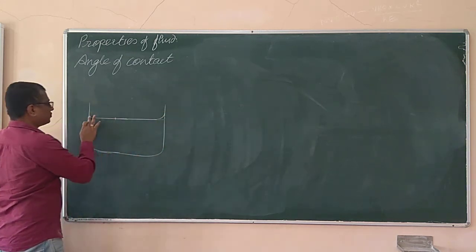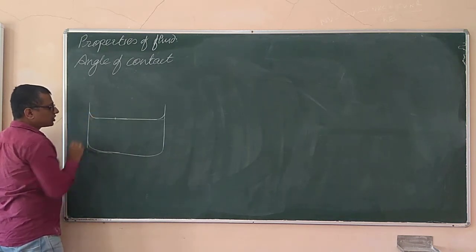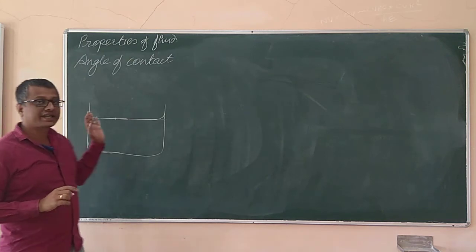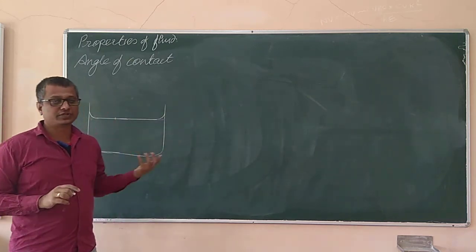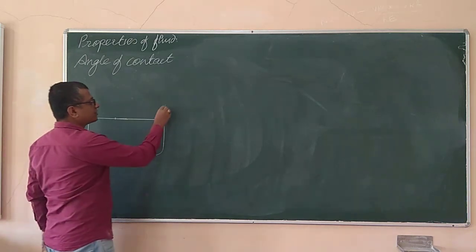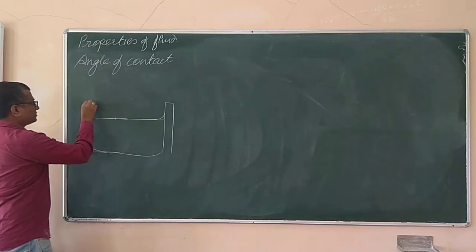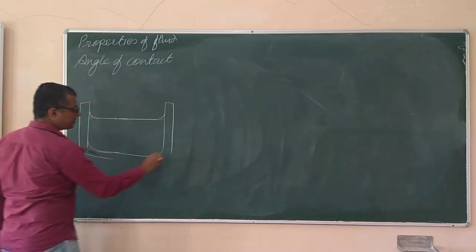Same is the thing over this side also, not simply over this side, but over the entire periphery of that particular vessel. Consider this vessel is made up of glass material of certain thickness. This is the glass material of certain thickness.